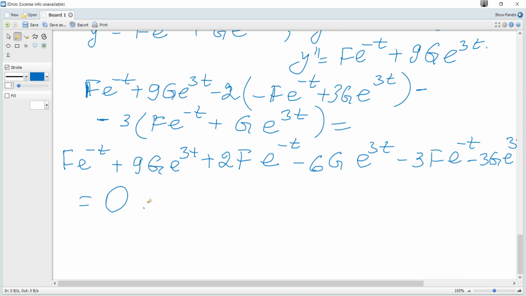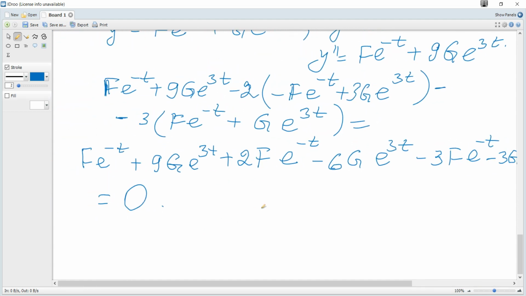So it's clear that it's 0, so it is equal to the right hand side as required. And that's all for this question.